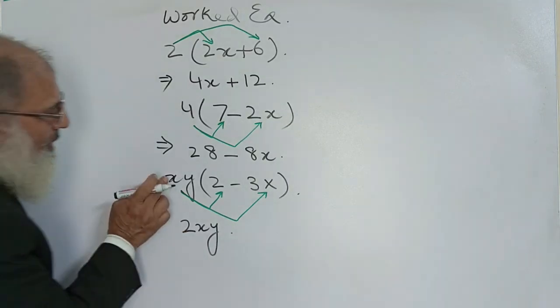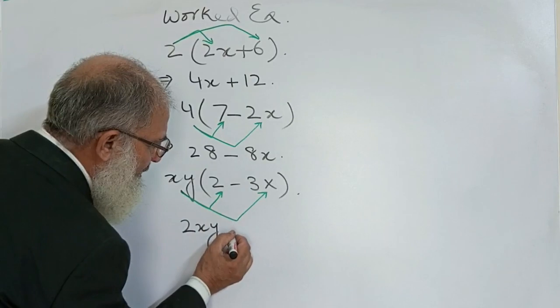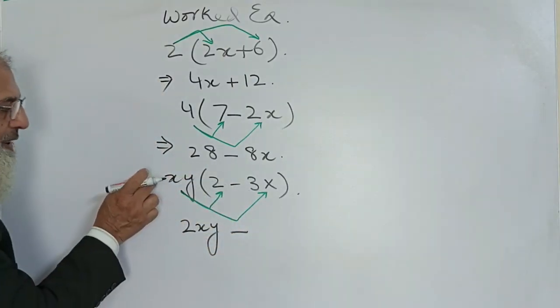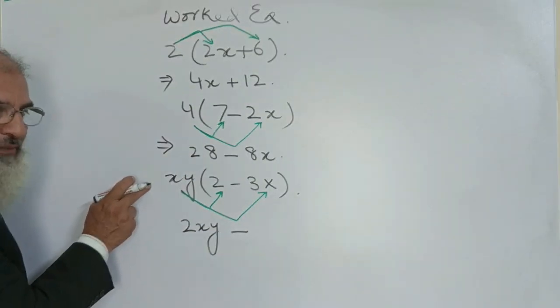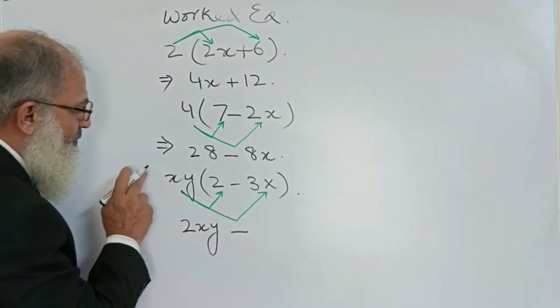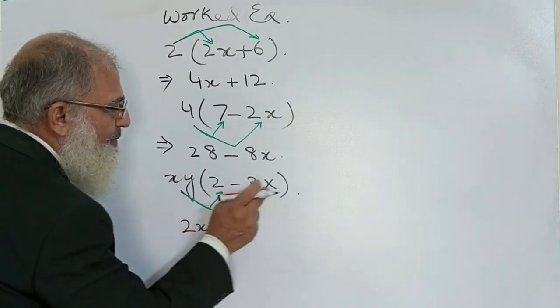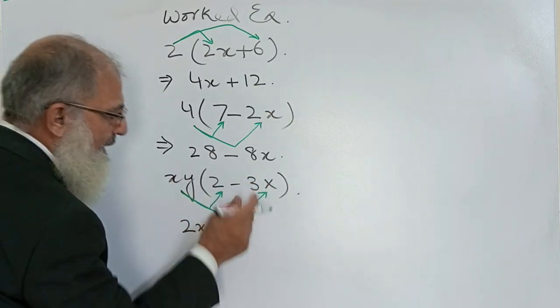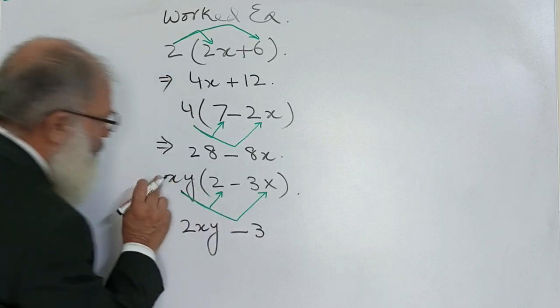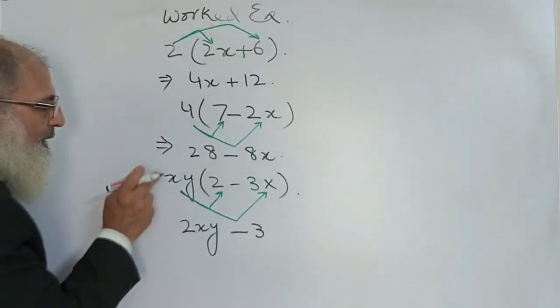Now 3 will be written with a minus, because here it was a positive sign which was abolished. So plus multiplied by minus is minus, and x multiplied by x is x square, and we'll write it as 1.